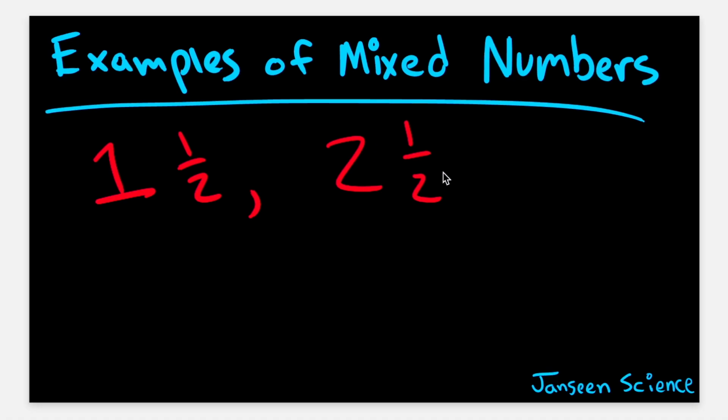The half, or 1 over 2, that is a proper fraction. Let's look at 3 and 2/3. 3 is a whole number, and 2/3 is a proper fraction. 2 is smaller than 3. And so these are examples of mixed numbers.